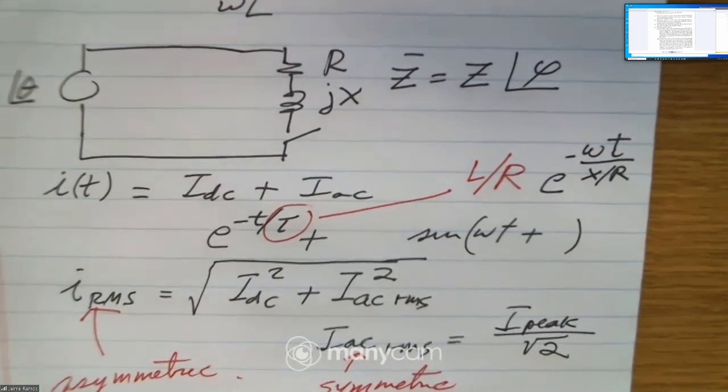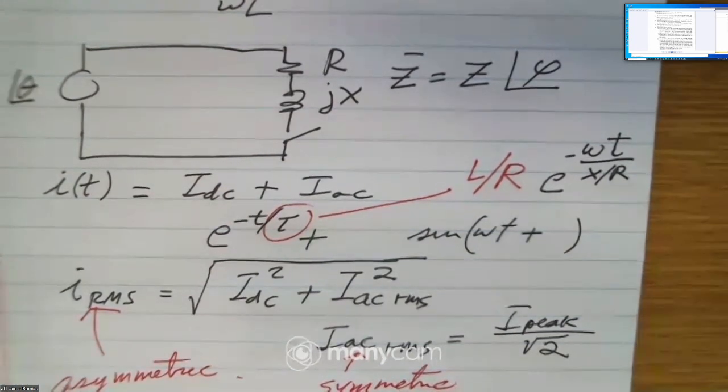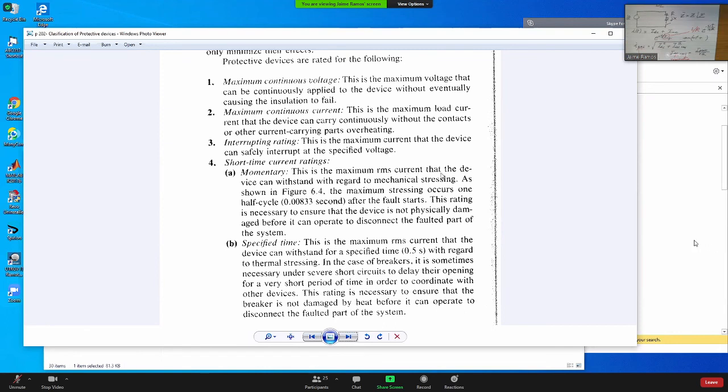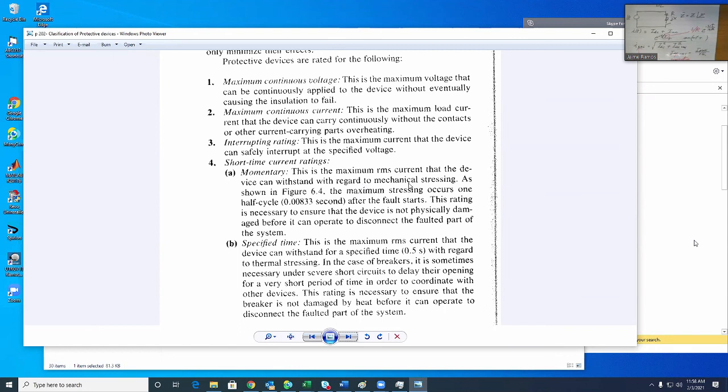And then we have short time current ratings. So momentary: the maximum RMS current that the device can withstand with regard to mechanical stressing. As shown in figure 6.4, the mechanical stress occurs one half cycle after the fault.